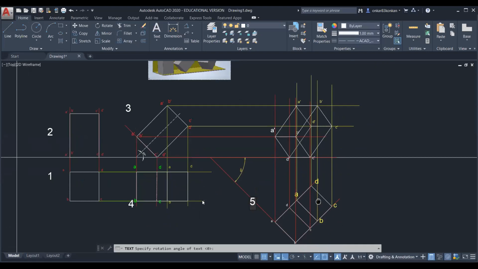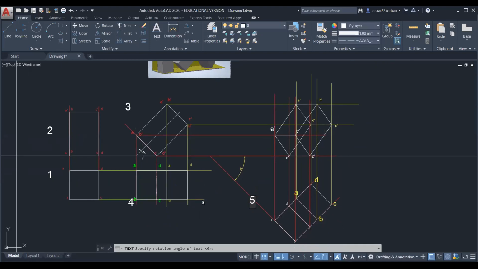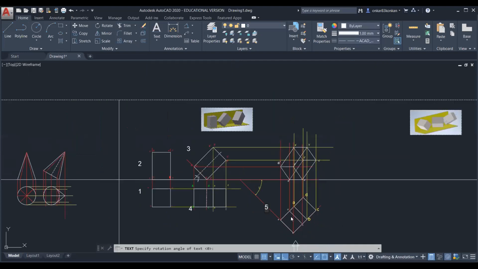So fifth step, that is a top view, and the third stage top view and second stage top view, both are same. Just we have to rotate this such that this CD will be at 45°.